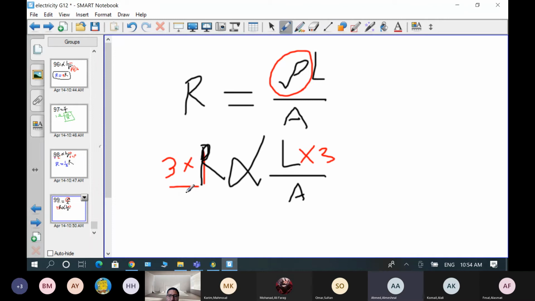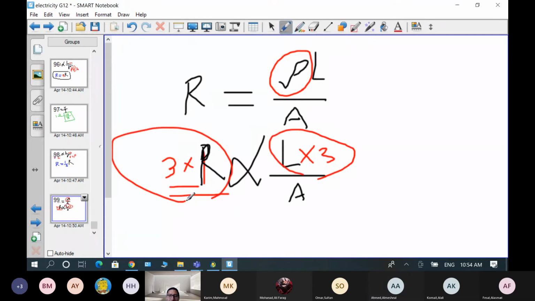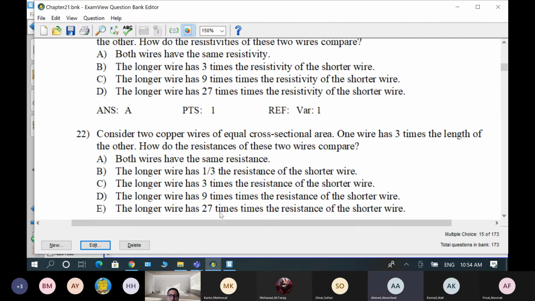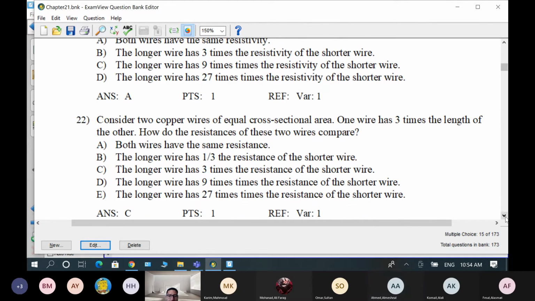By 3 times. So the longer wire will have a greater resistance by 3 times. So the longer wire has 3 times the resistance of the shorter one. Yes, this is the answer. The answer is C. Thank you, Ahmed.